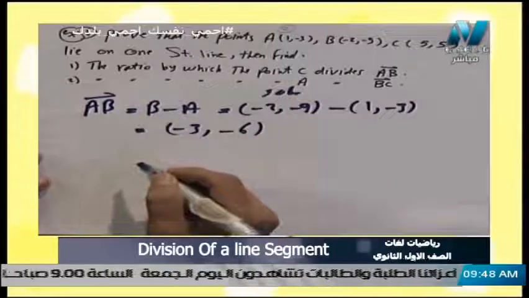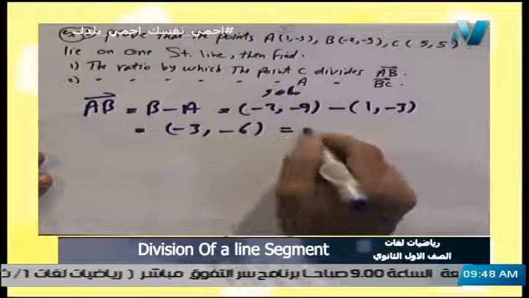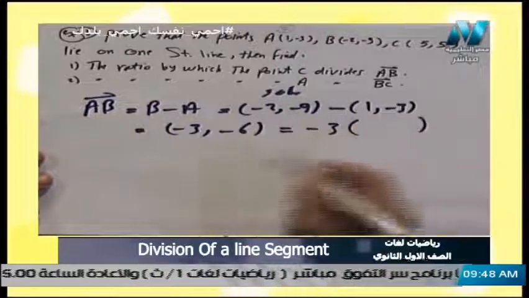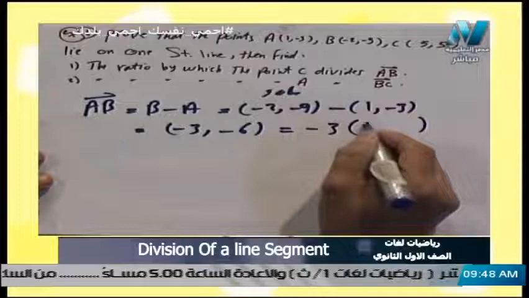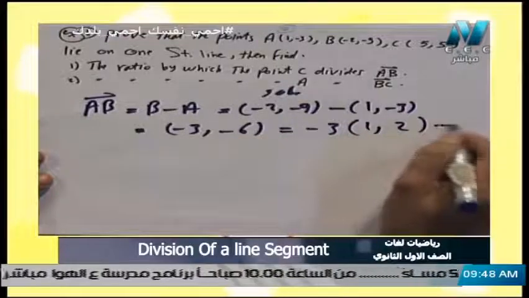So AB equals negative 3 and negative 6, and we can take negative 3 as a common factor here. Negative 3 divided by negative 3 equals 1, and negative 6 divided by negative 3 equals 2. This is equation number 1.